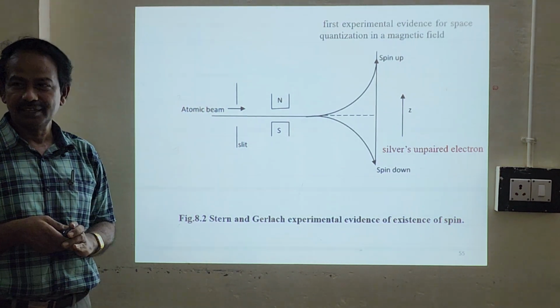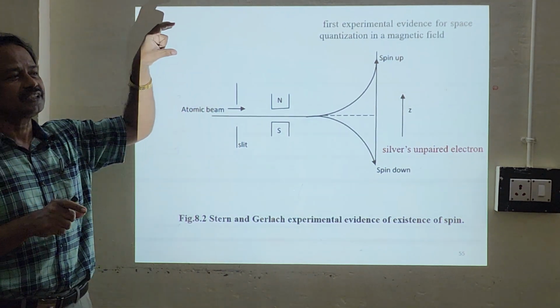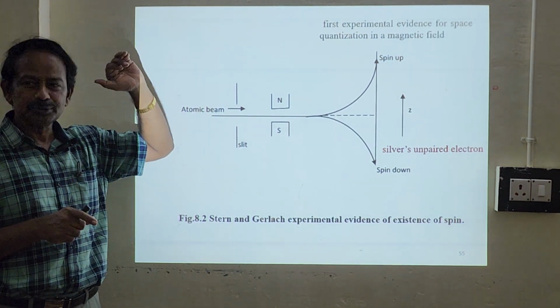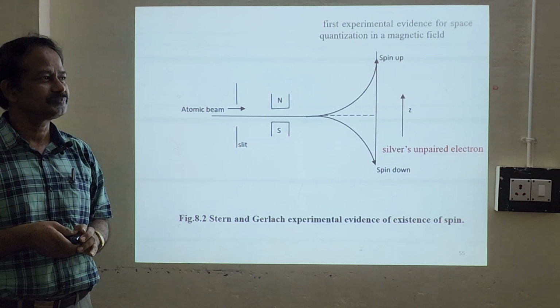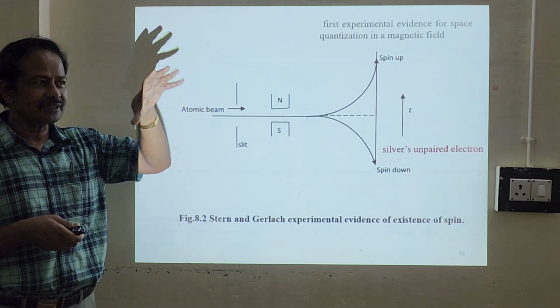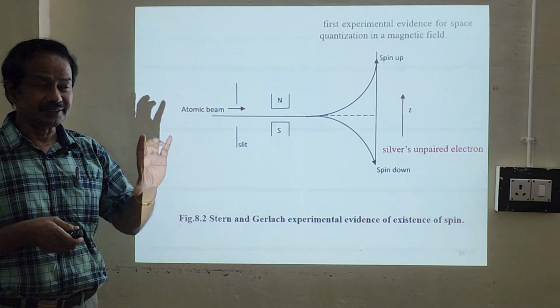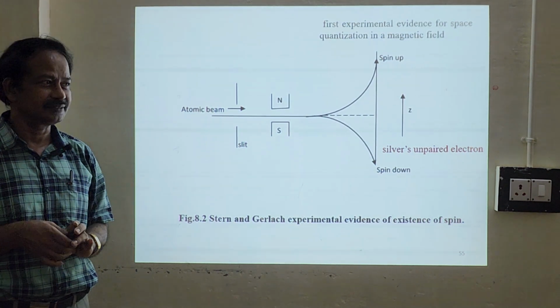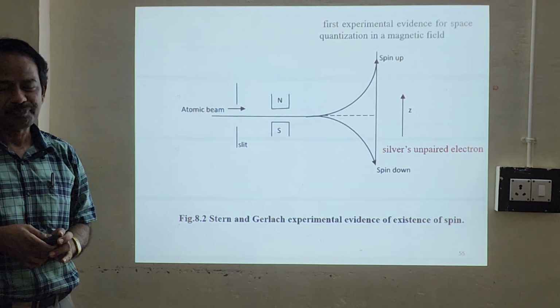But on the contrary, they observed half of the electrons went to the top, half exactly reached the bottom. So it was a concept, spin up and spin down. They didn't say anything about spin at the time at all. The spin concept could not be explained at the time.